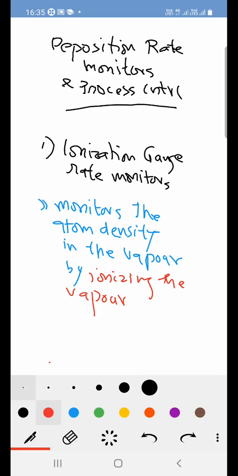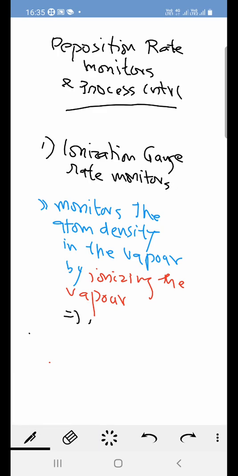And that ionization leads to an ion current which is measured. So this is how the ionization gauge works.